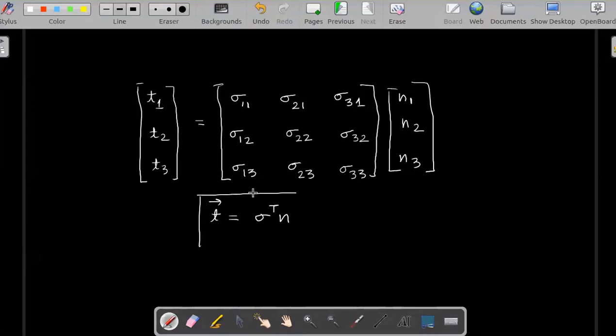This is our well-known and famous equation in continuum mechanics, or mechanics of solids, where the traction vector can be written as sigma transpose n.